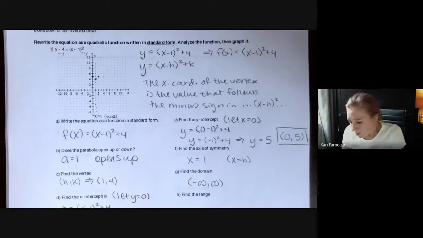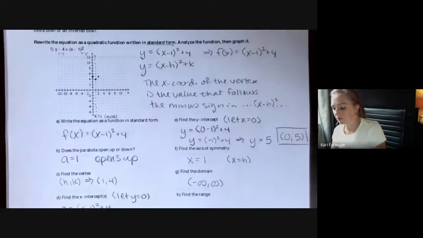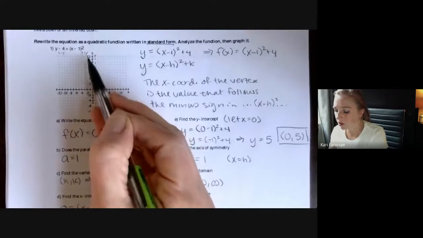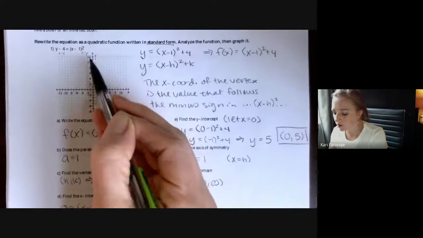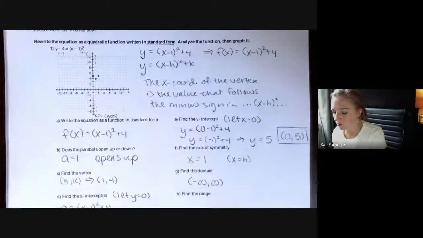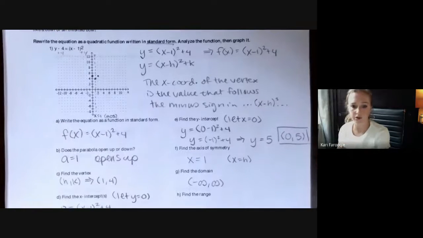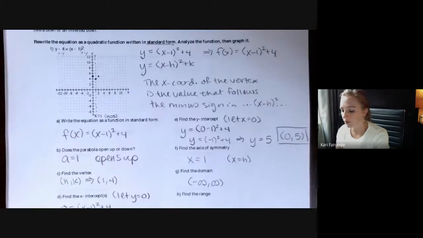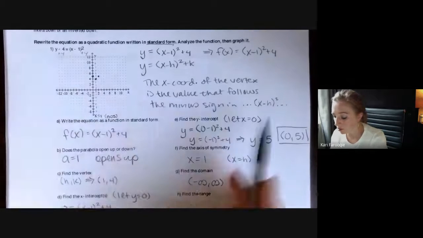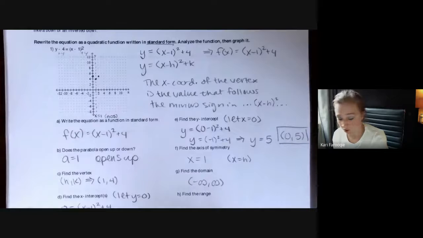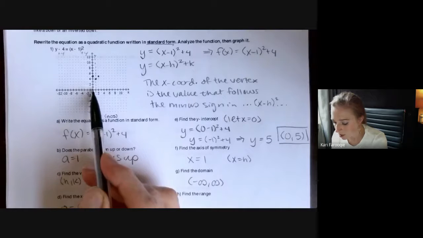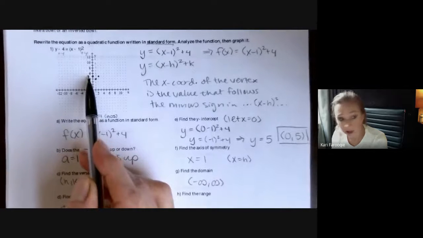Now, this is probably enough to get you a pretty decent picture. If you feel like you want one more point because you don't know exactly what's happening here, well, parabolas all kind of behave in the same way, and this is a pretty good starting point. I would probably just get one more point on this graph by using a table of values. I don't have any x-intercepts, but I can think about what might happen as I go to the left of this point.